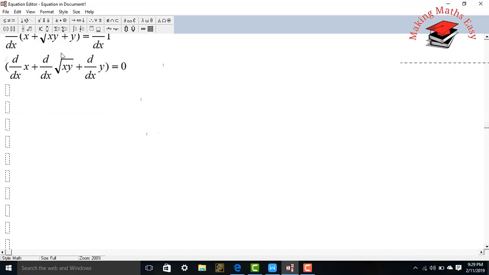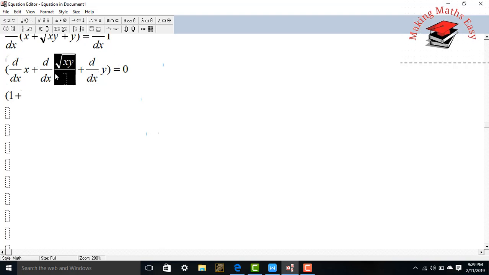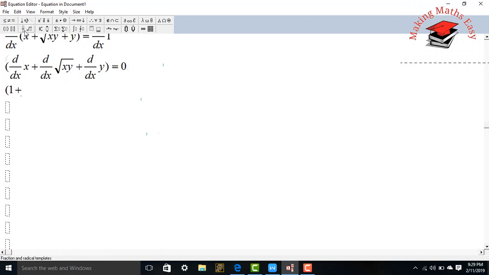So in this way you have to express it. My derivative of x will be equal to 1, as I am differentiating with respect to x, and for the derivative of square root of xy, first I will differentiate the root function, so it will be 1 upon 2 square root of xy in this case, and then I will differentiate the xy function, d upon dx of xy.